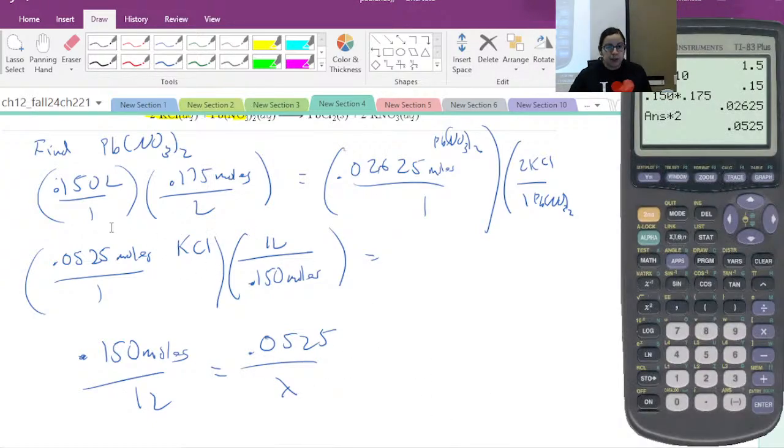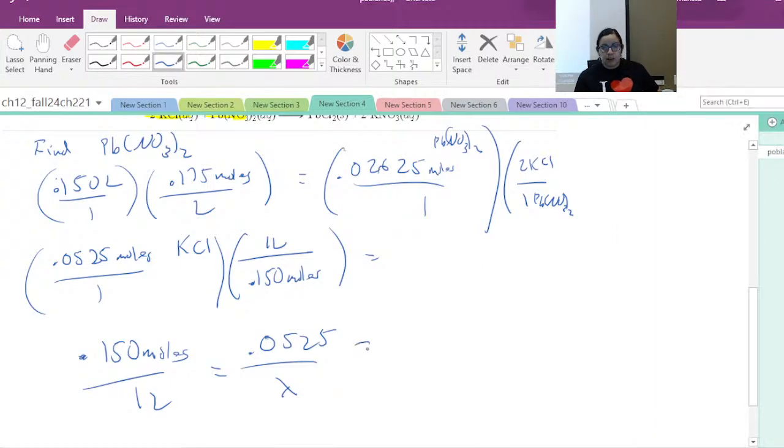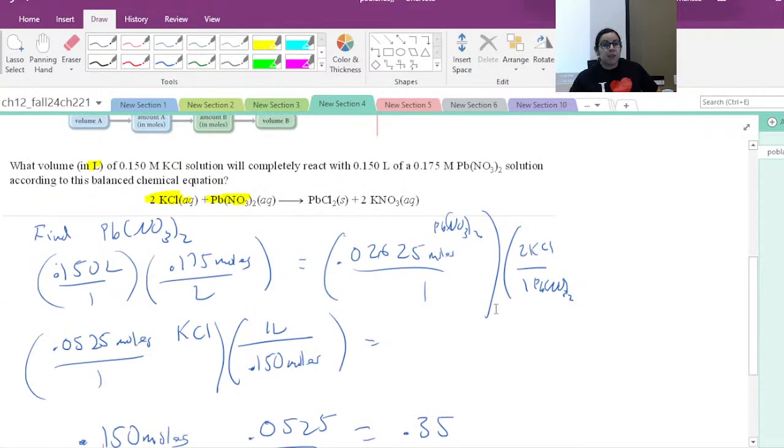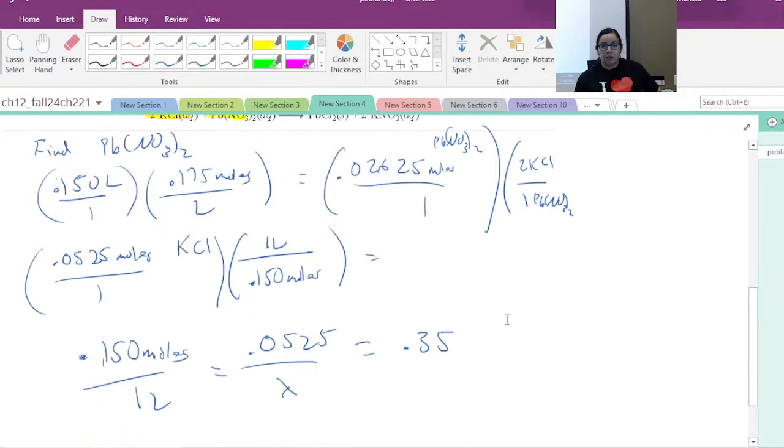Either way, we need to divide by 0.150. Then this gives us 0.35 liters of our potassium chloride solution, and I'll give it another sig fig.